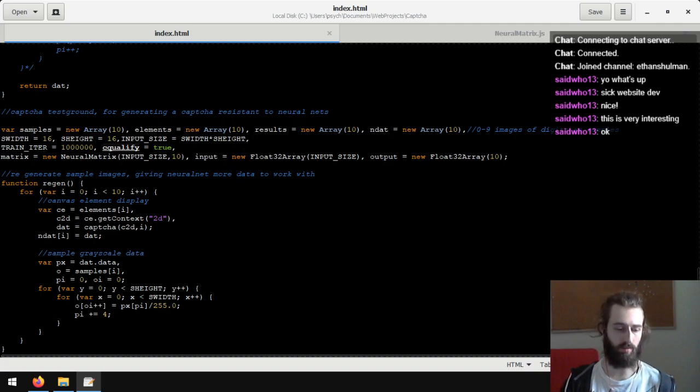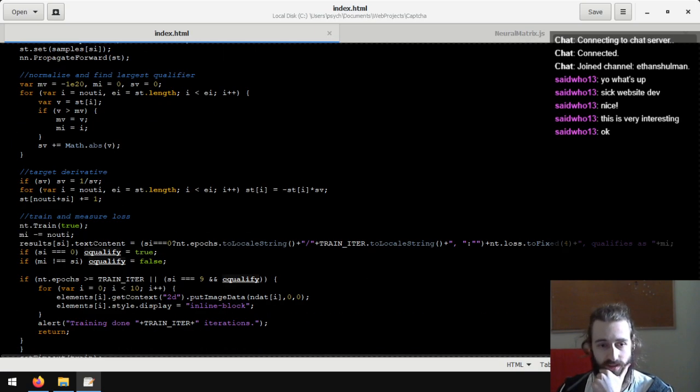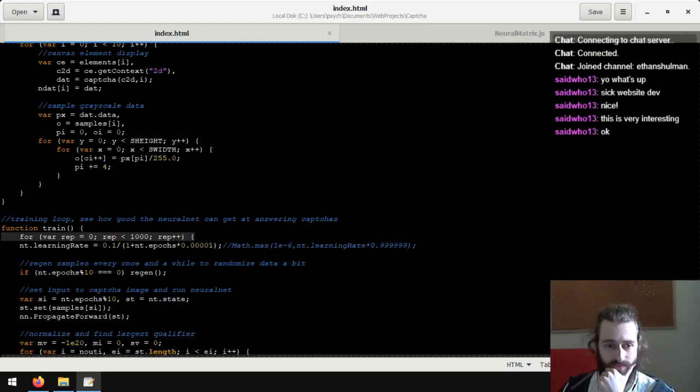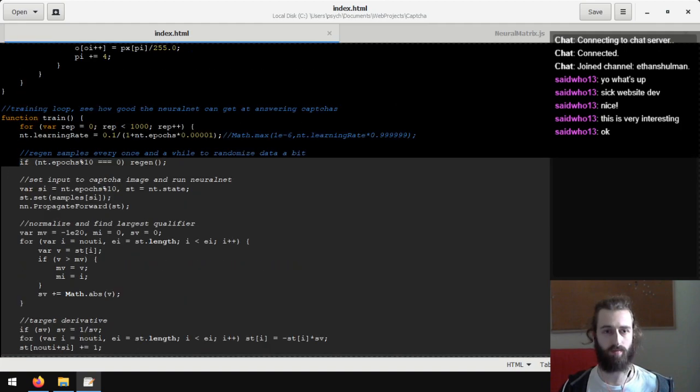Okay, so this copies the data into the float array. This repeats over and over again to make set timeout more efficient.